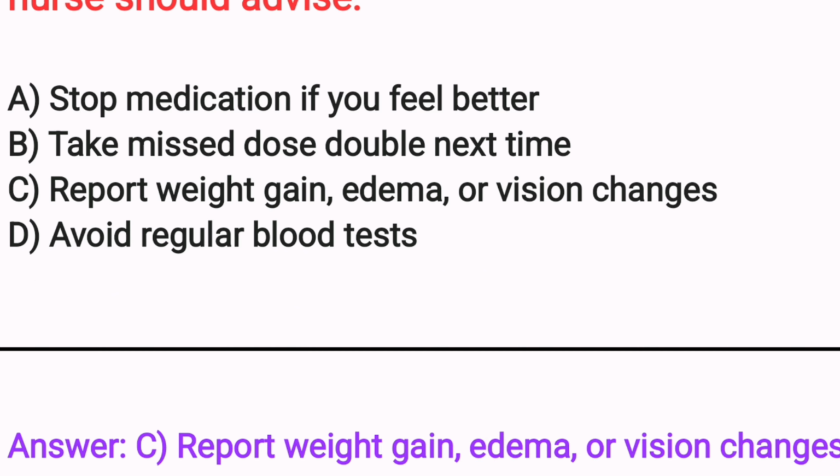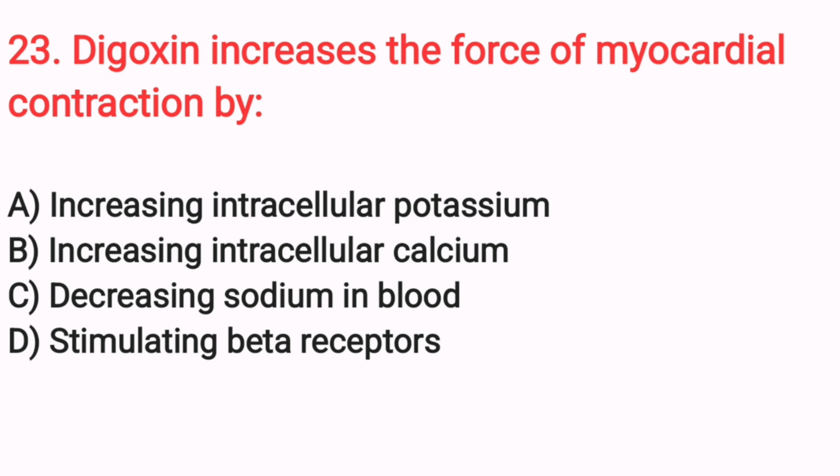Next, digoxin increases the force of myocardial contraction by option A, increasing the intracellular potassium, option B, increasing the intracellular calcium, option C, decreasing the sodium in the blood, option D, stimulating beta receptors.